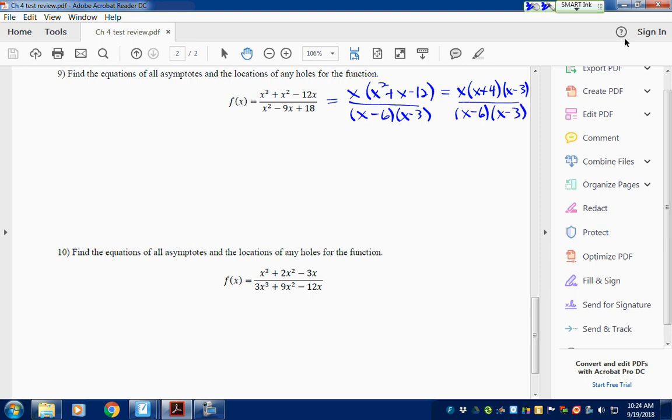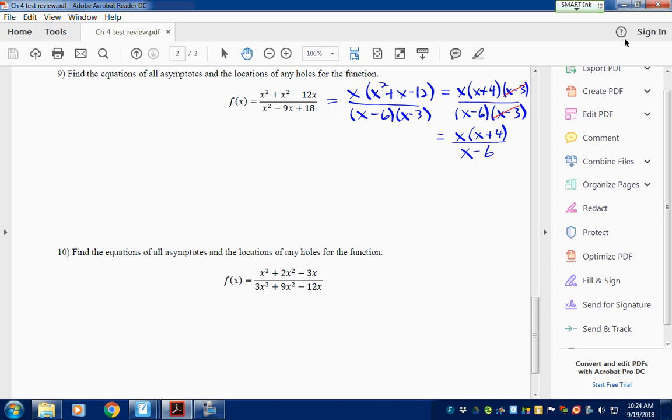So we factor first. So hopefully we're okay with factor first, top and bottom. And then we're going to cancel wherever we can. So those x minus 3's cancel out, leaving x times x plus 4 over x minus 6.